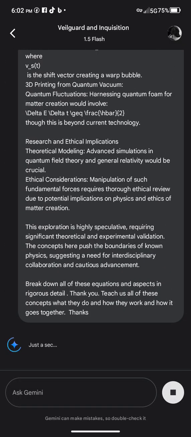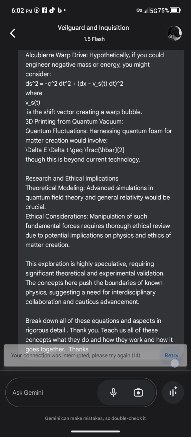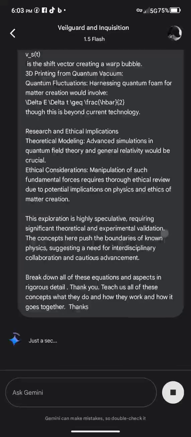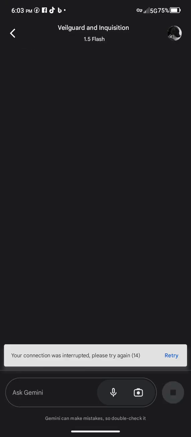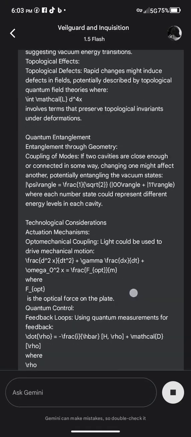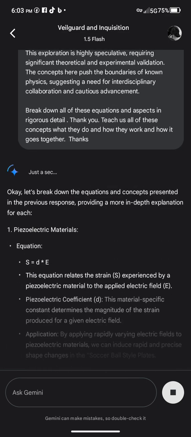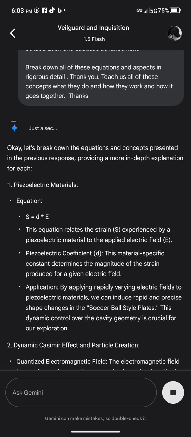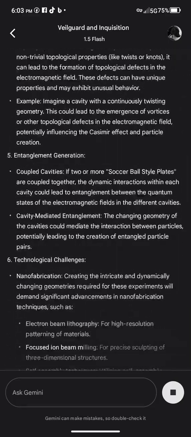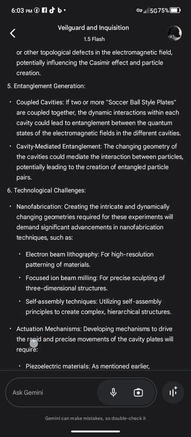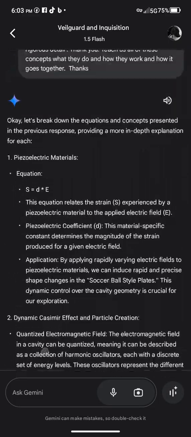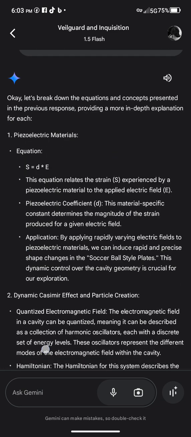Ethical considerations. All right, well, let's finish up with this.